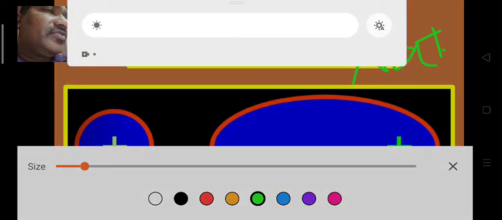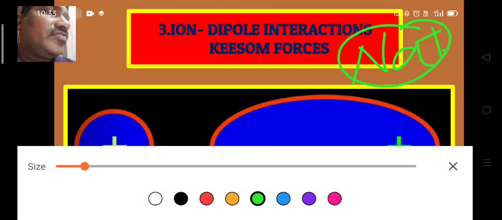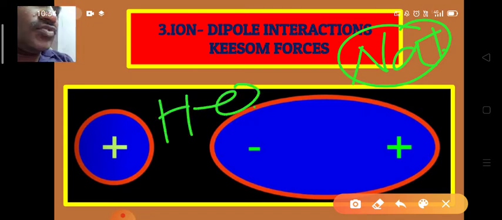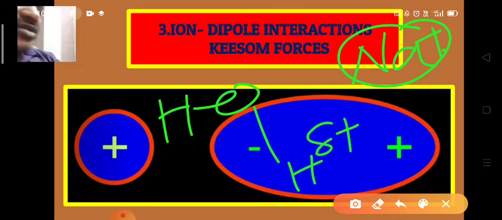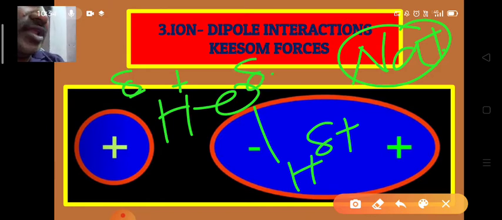Then what happens? The sodium ions are surrounded by the water molecules from the negative side. For example, in water we have the H2O molecules. In water, hydrogen gets the partial positive charge and oxygen gets the partial negative charge.